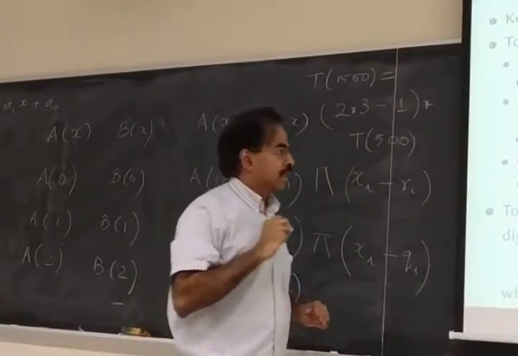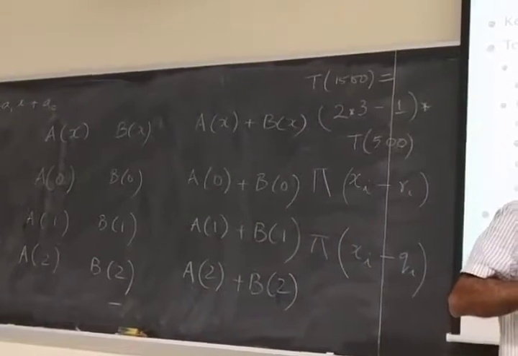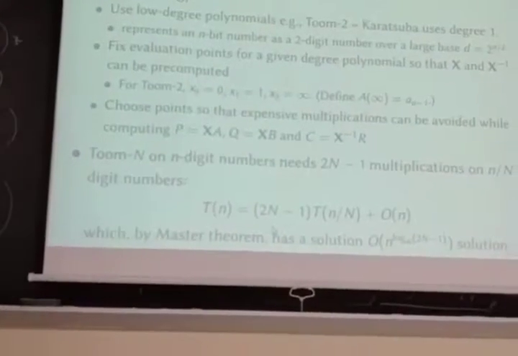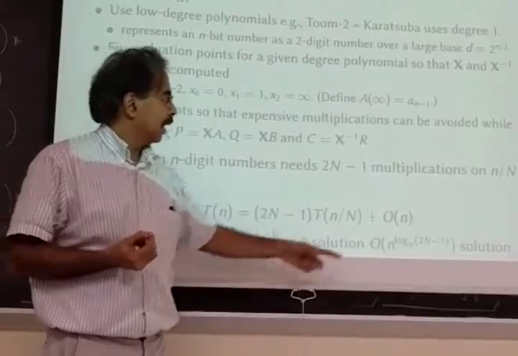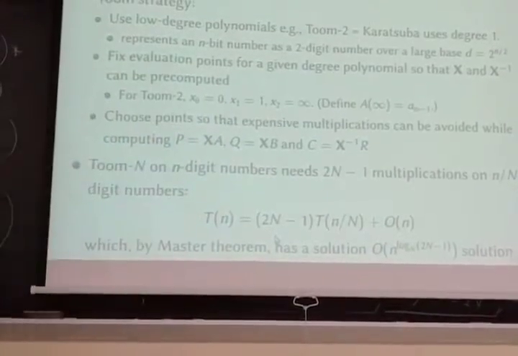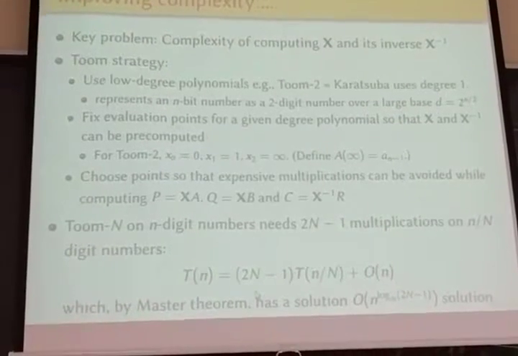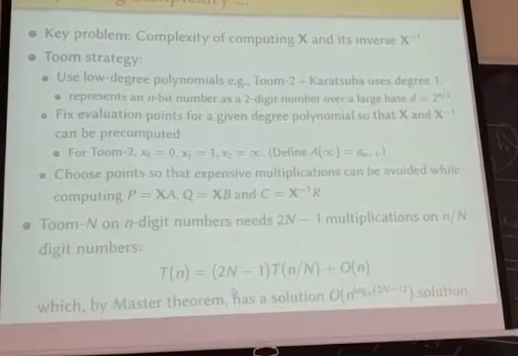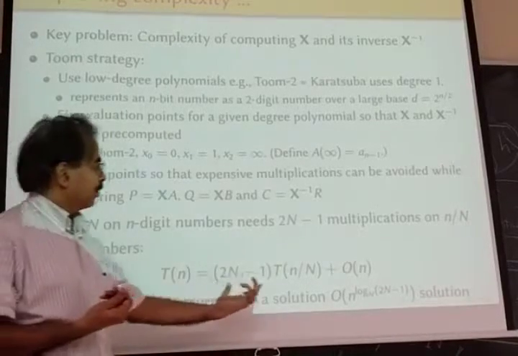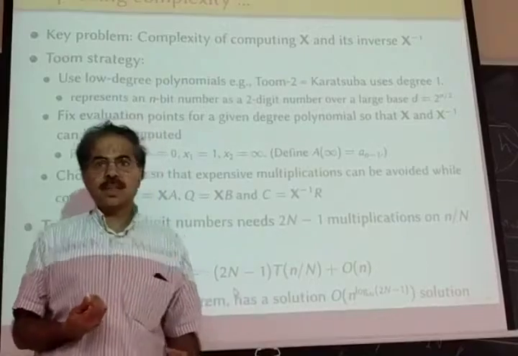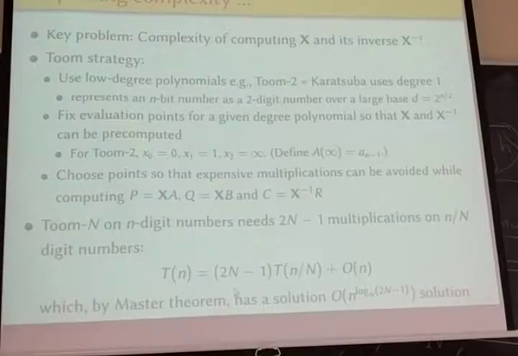Because we have broken up an n-bit number into capital N parts, which means that you have divided the problem into many smaller instances. And then, yes, you have these additions that you still have to perform, and those additions will cost order n time to combine all of the results of the digit-wise multiplication. So we will add an order n for that, okay?